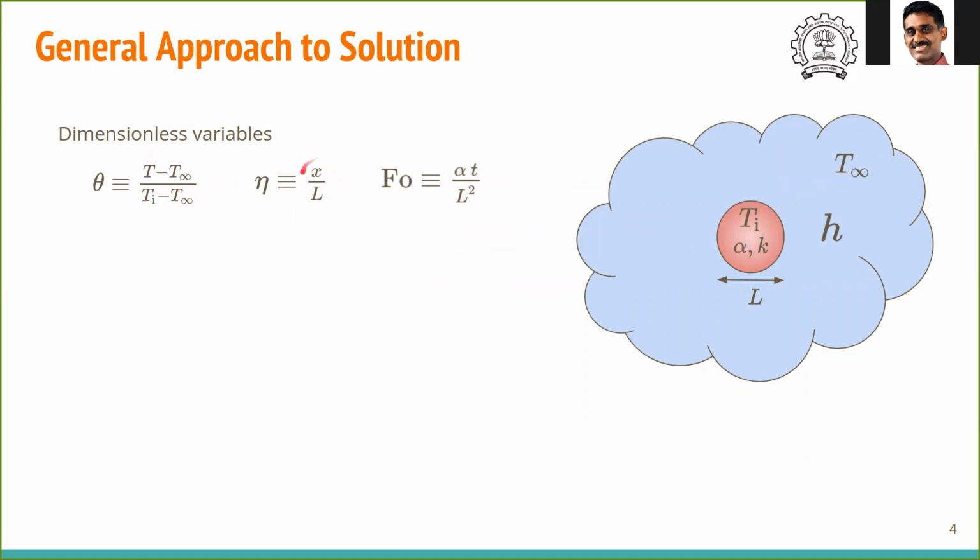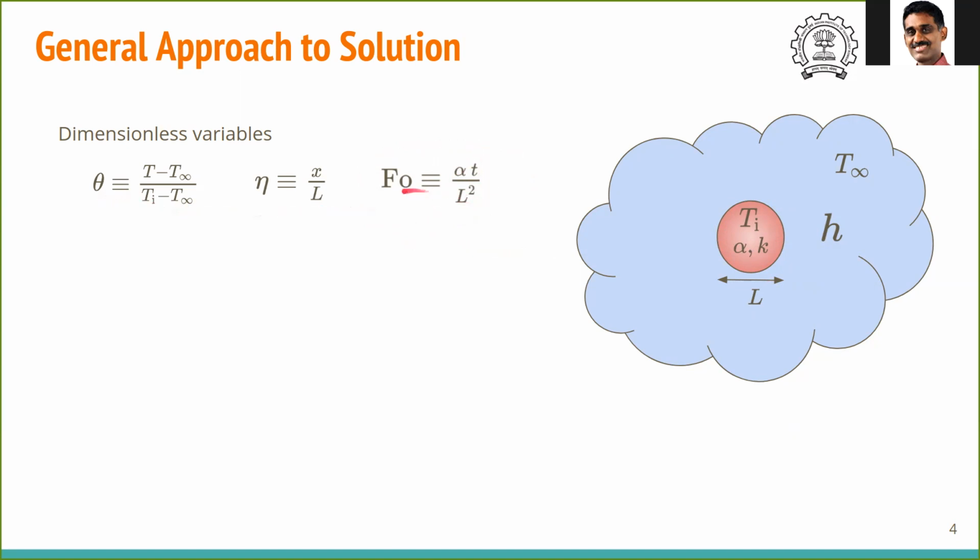The length scale, eta, is x or r divided by the typical length scale of the geometry. It could be the radius of the sphere, the diameter of the cylinder, or the thickness of the wall, and so on. And then we have the Fourier number. The Fourier number we saw in the last lecture is a dimensionless time, which is simply alpha t by L squared.